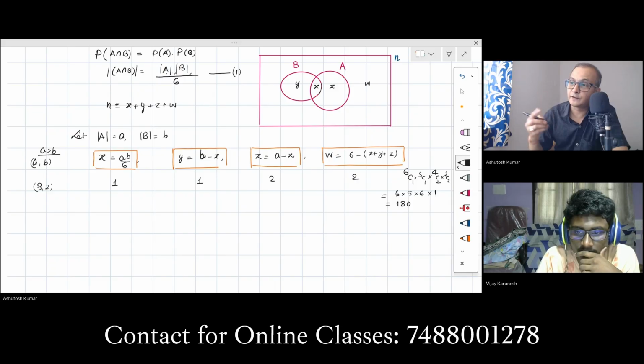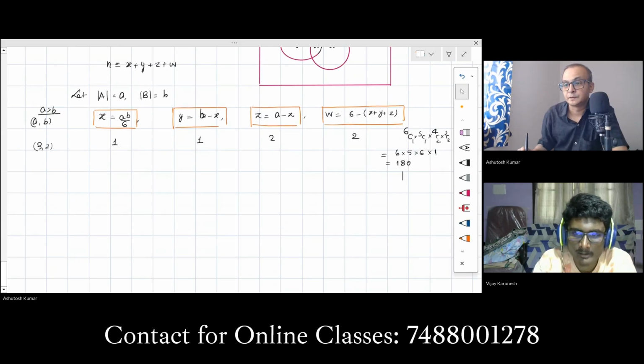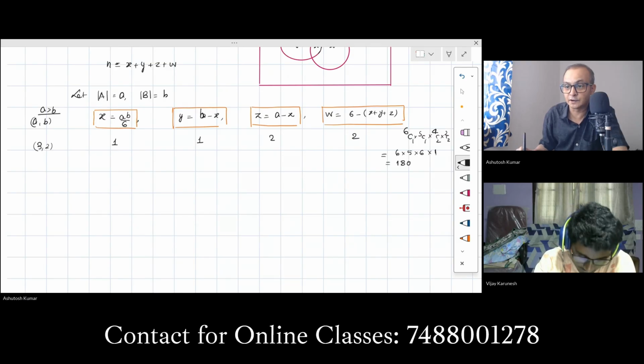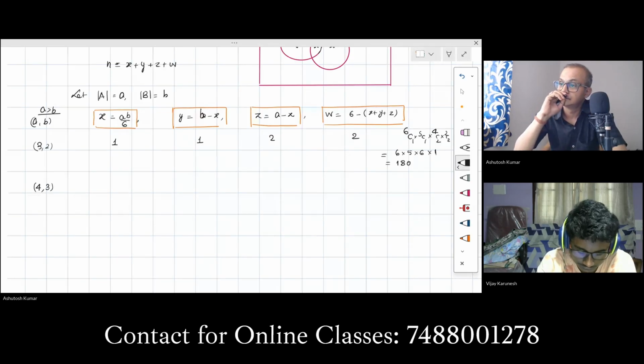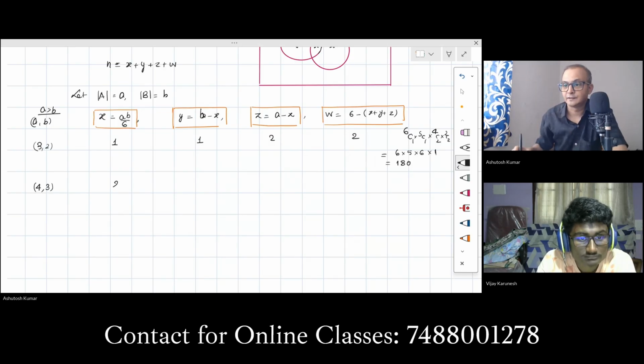Is it clear? Now tell me what we next want to give. Can we give 4 and 3? 4 and 3 is the only possibility. So this will become 1, and the value 3 is 1.